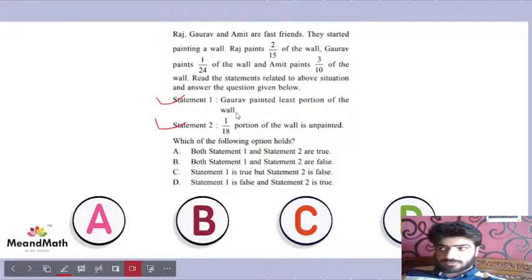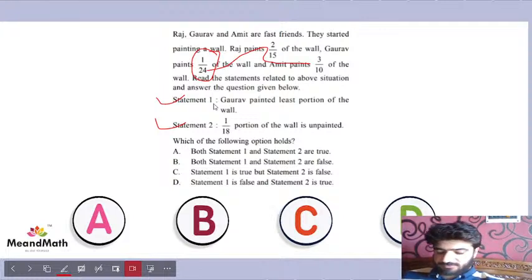So Gaurav painted the least portion of the wall. That is 1/24 of the wall. Is 1/24 a lesser fraction than 2/15 and 3/10? Tell me. Is it a lesser fraction than 2/15 and 3/10?